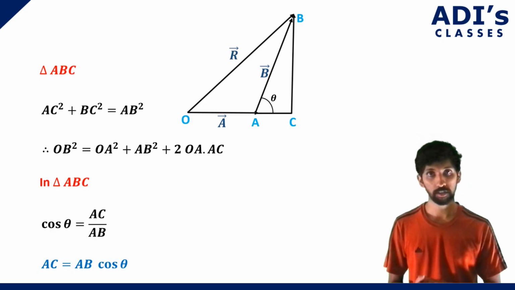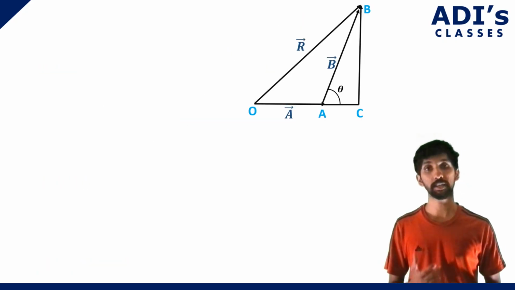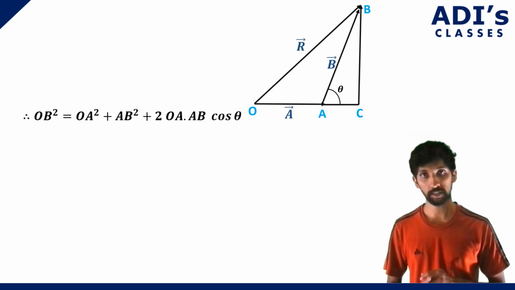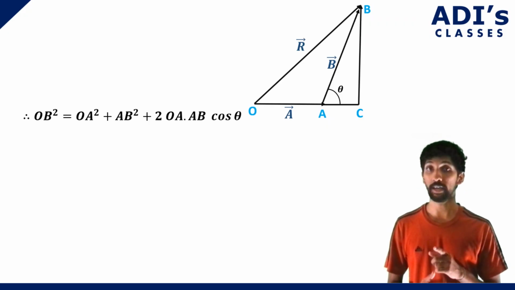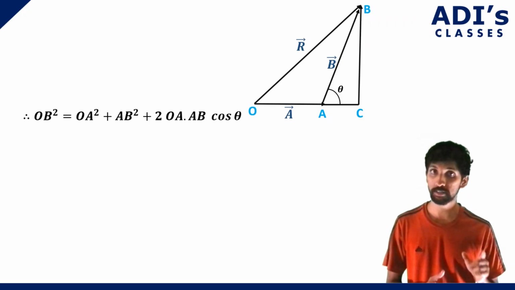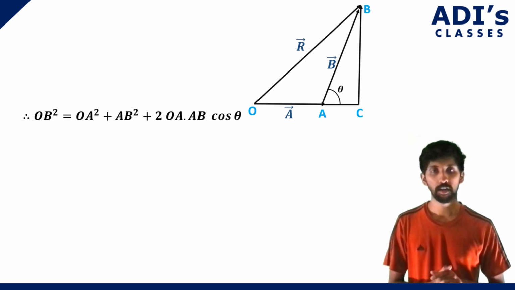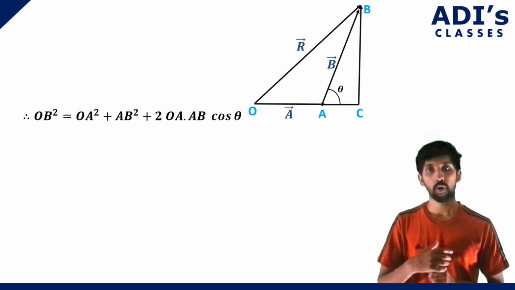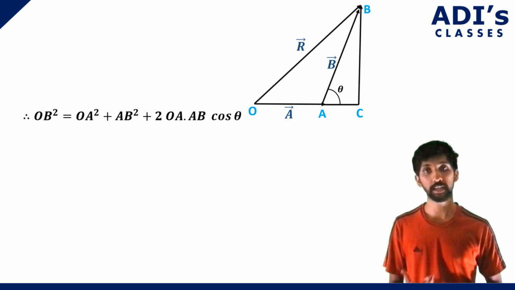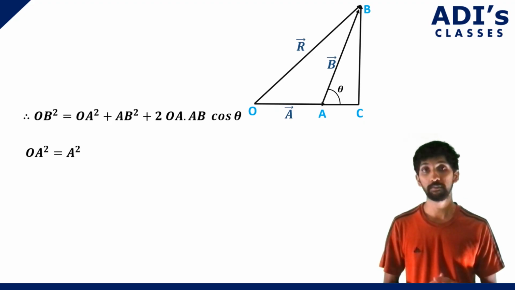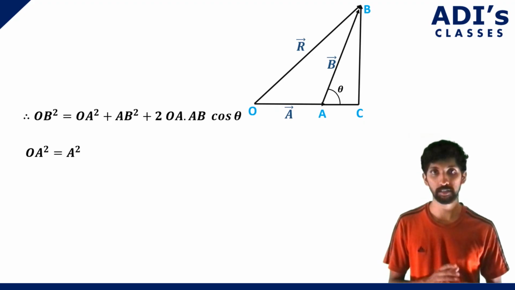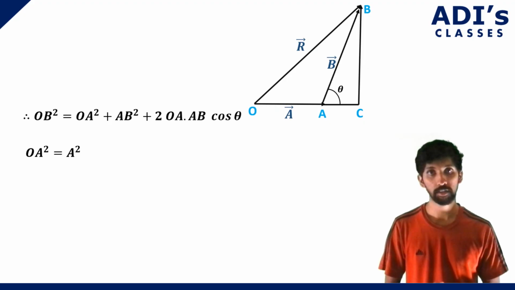Substitute that here, and you end up with OA square plus AB square plus 2 OA into AB cos theta. Now if you look at the figure, OA is nothing but vector A, so OA square is A square, the magnitude of the vector squared.